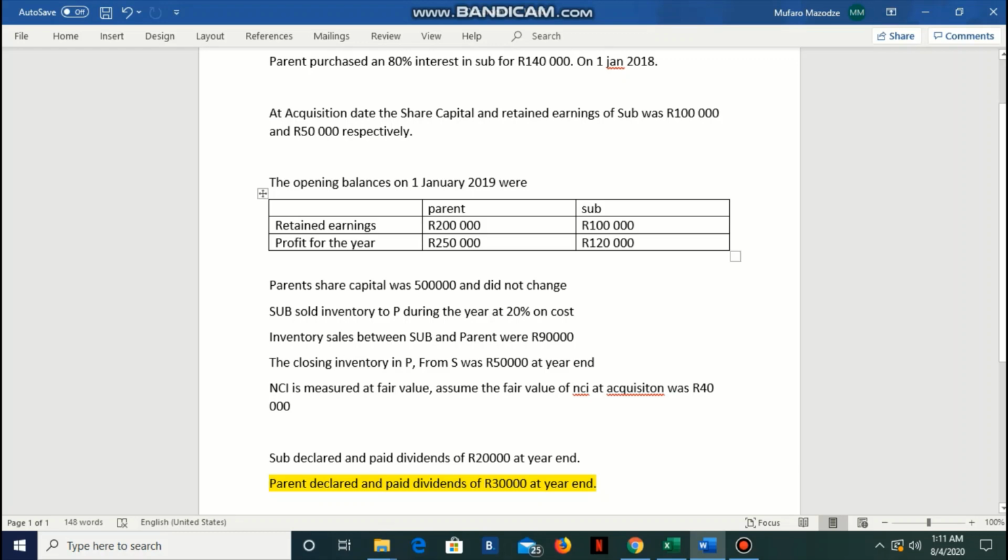Now this is going to be affected by the intergroup transaction of the inventory that sub sold to P. When the sub sells to the parent, it affects the analysis. So to make this make sense, let's actually start to do our journals, and then we go back to the analysis. Sometimes you just have to play around with everything.